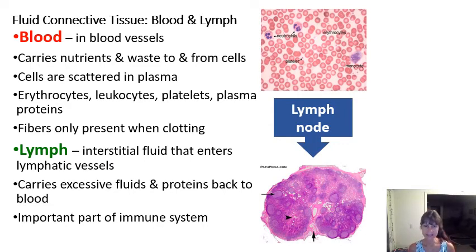Lymphatic fluid is formed from interstitial fluid that enters lymphatic vessels, and this helps to carry excessive fluids and proteins back to the blood, because the lymphatic system actually ends up dumping into the cardiovascular system. The lymphatic fluid is a part of our immune system, and in this particular slide we see a picture of a lymph node.